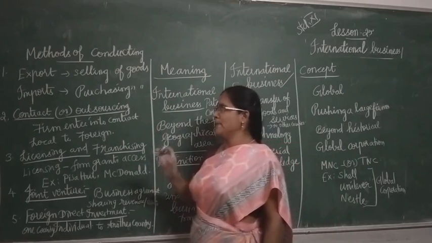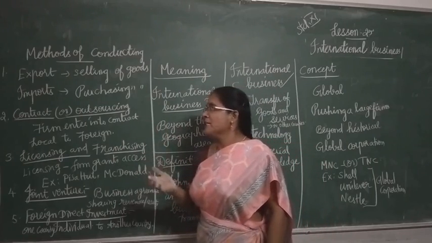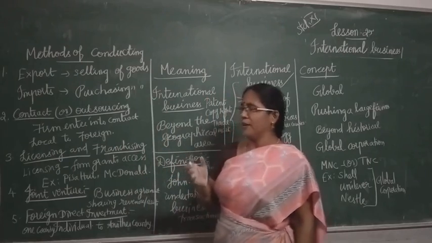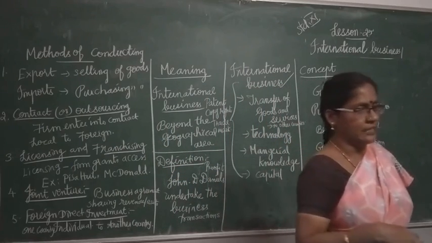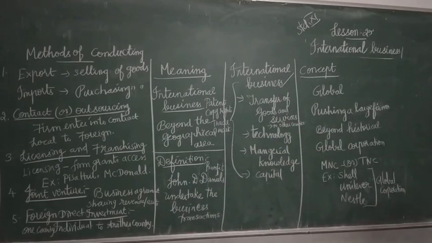Then, what is meant by contract or outsourcing? A firm enters into a contract from the local to foreign countries. Already we have seen that core activities are concentrated on by the company, and non-core activities are left to the outsourcing person, isn't it? This is also a type of international business where a firm enters into a contract with one or a few local manufacturers in foreign countries.